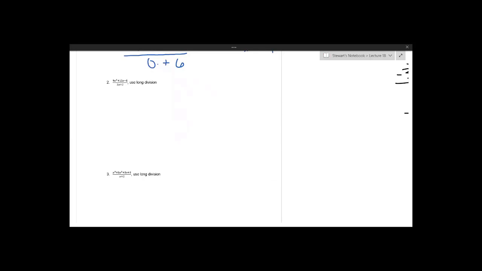Okay, so we have 3x plus 2 on the outside of the division house. And then we have 9x squared plus 12x minus 5 on the inside.